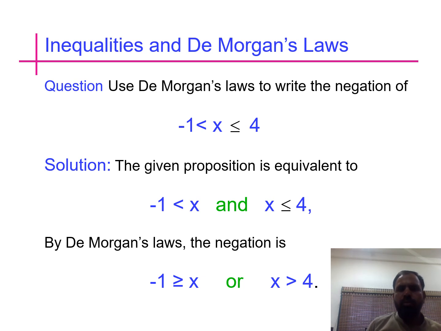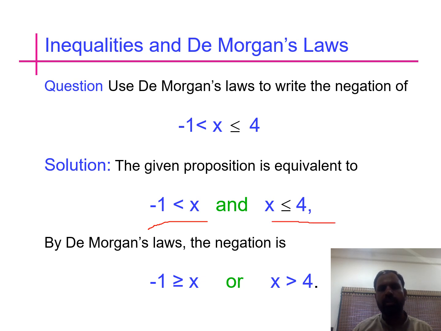Inequalities and De Morgan's law. Here we use De Morgan's laws to write the negation of minus 1 less than x, which is less or equal to 4. The given proposition is equivalent to minus 1 is less than x and x is less or equal to 4.